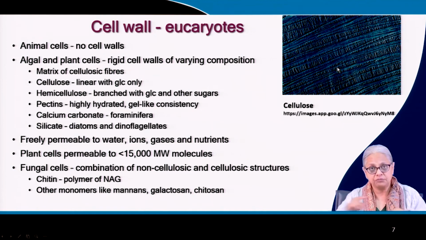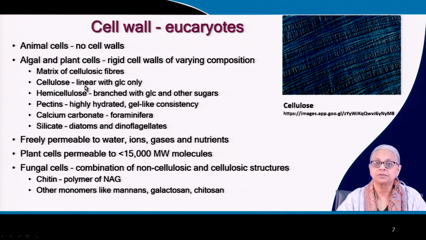You have these fibers sitting on top of each other. And cellulose is very similar to what we have in cotton. So we have these alternating fibers made out of cellulose, seated on each other in alternate arrangement. So it's a matrix of cellulosic fibers.